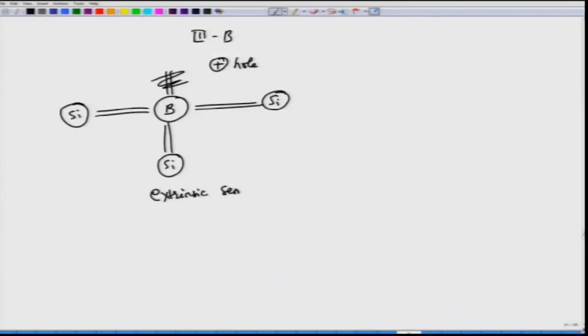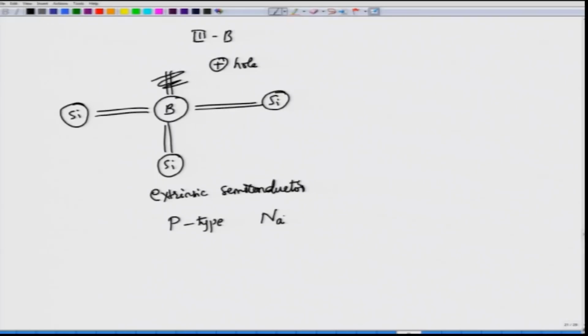And because you have substituted some silicon atoms with some other atoms, this material is now known as an extrinsic semiconductor. This particular material, in which the concentration of the holes is much larger, is called a p type semiconducting material. The concentration in a p type semiconductor is roughly equal to Na, where Na corresponds to acceptor ions.